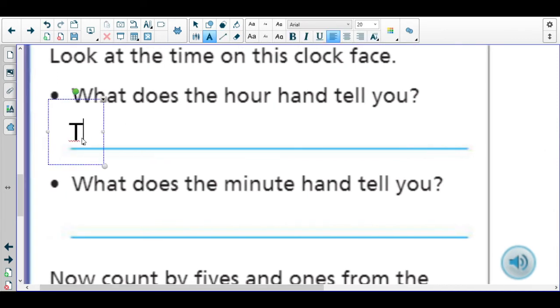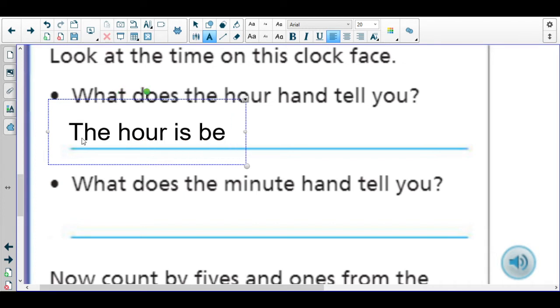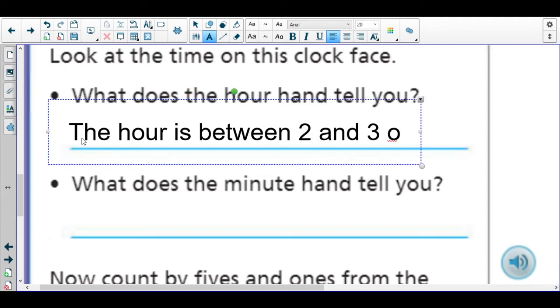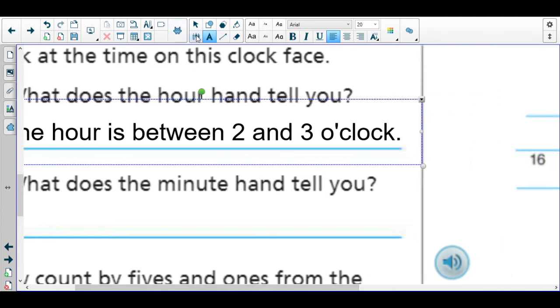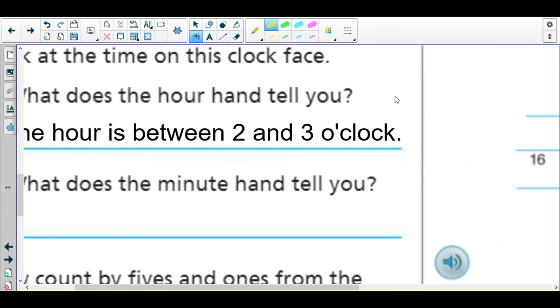All right, so the hour is between 2 and 3 o'clock. It's after the 2, not quite yet to the 3, so our hour is going to be 2 something. Don't know what that something is yet.